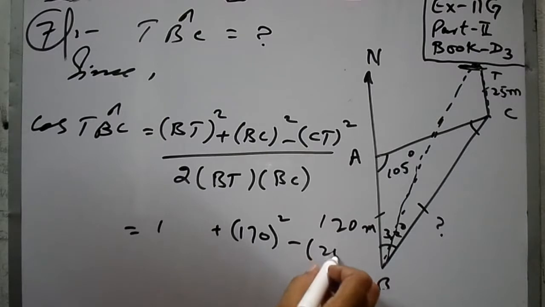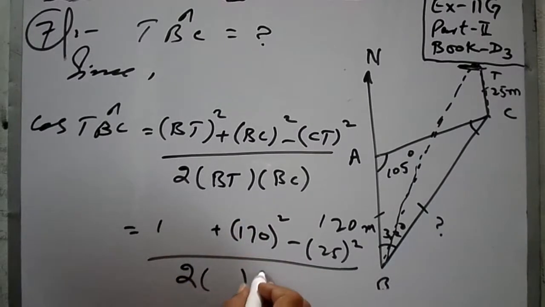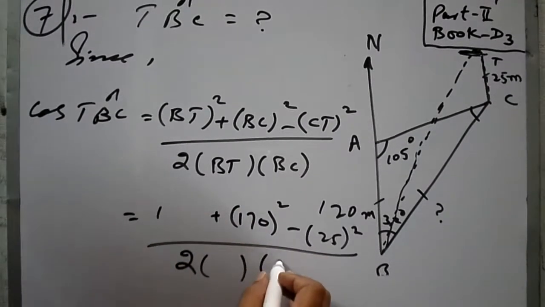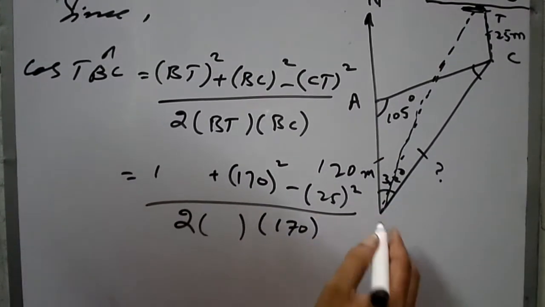So we have to find BT first. How can we find the value of BT?